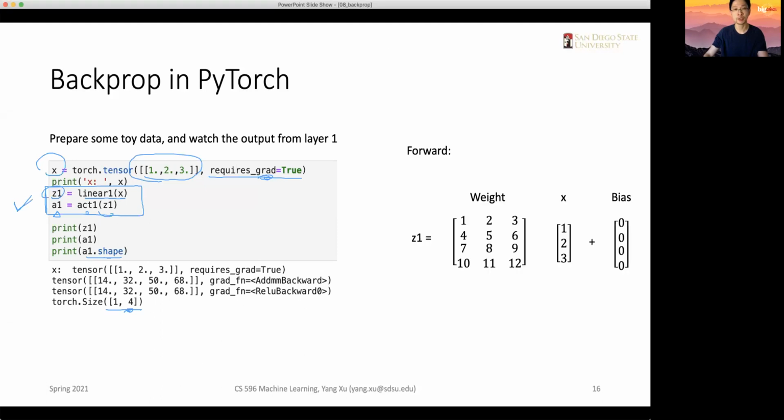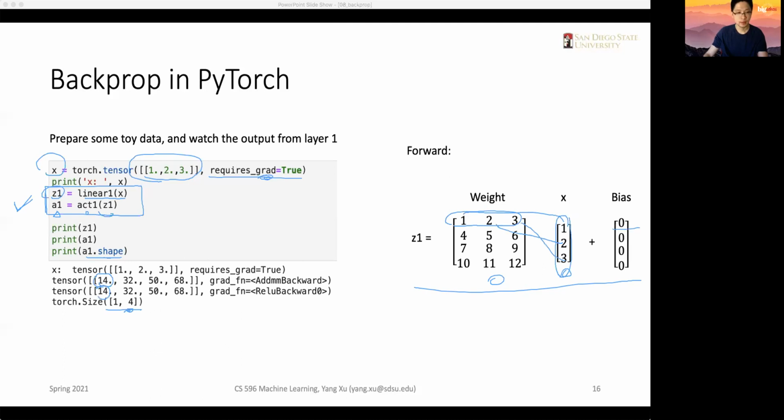And the underlying computation is indicated by this matrix multiplication. Here's the weight matrix, and the input X is here. If we take the first row and conduct the dot product with X, it'll be 1 times 1 plus 2 times 2 plus 3 times 3, which is 14 here, plus the 0.